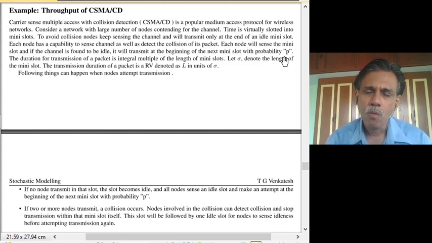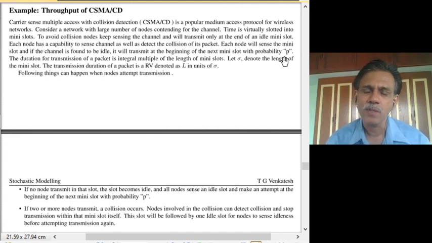So what will lead to success? If only one node attempts a transmission, then it will become successful. Why? When it attempts a transmission, the channel will become busy. Then every node, while sensing the channel, will find it is busy and therefore will keep quiet and not transmit.